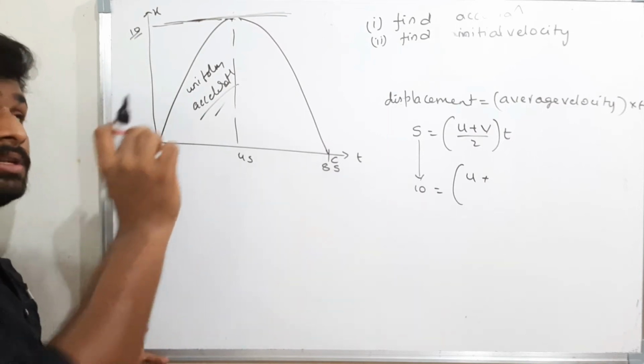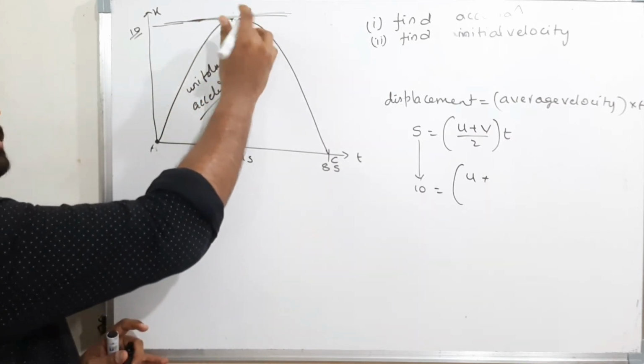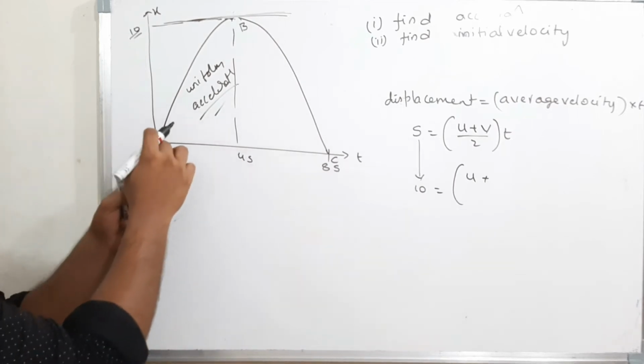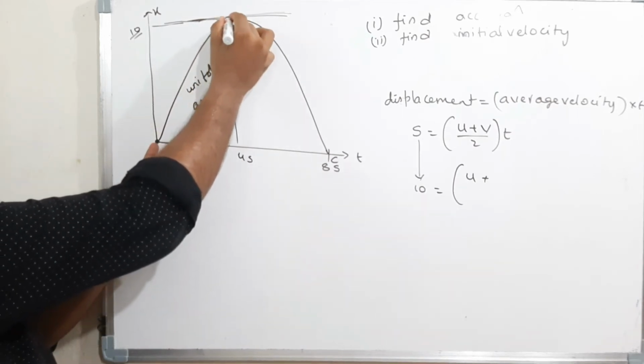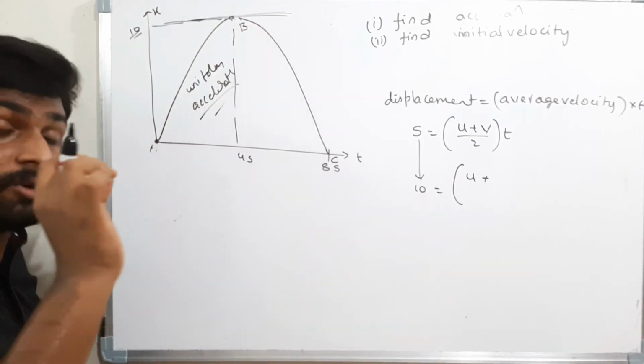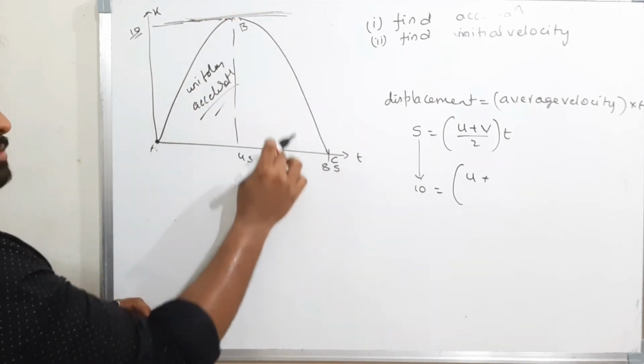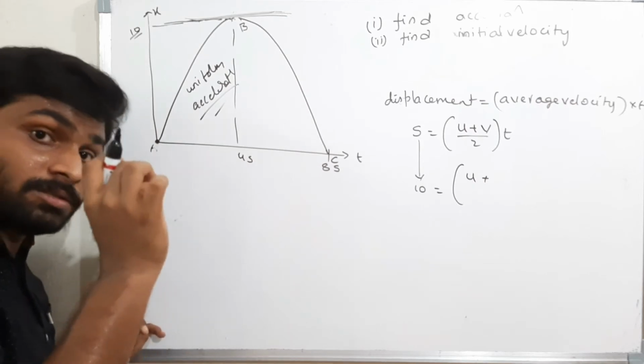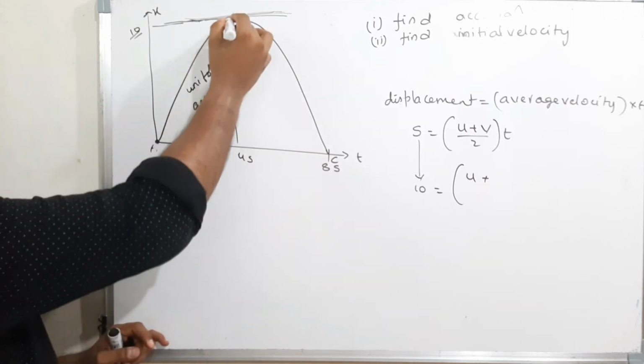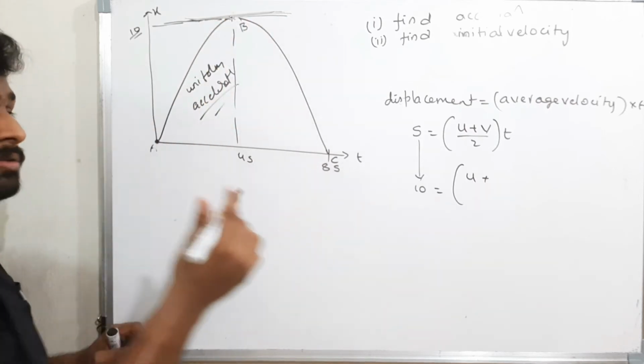That means the final velocity at point B is 0.